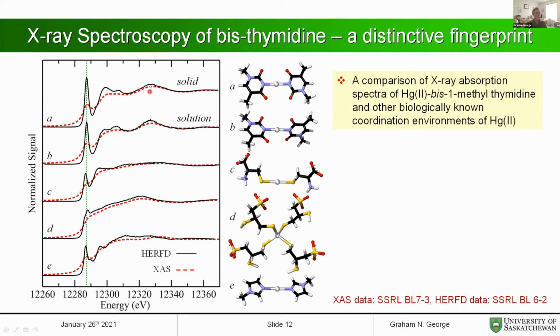And so these have a very characteristic fingerprint-like spectrum that perhaps could be useful in looking at biological samples or cells or even tissues, or even various other things.